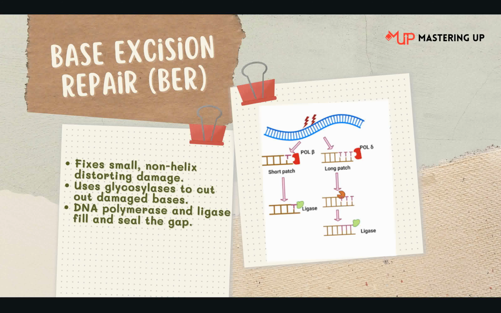Special enzymes called glycosylases recognize the faulty base, whichever is damaged, cut it out, and replace it with the correct one. So this will keep the DNA code accurate. So this is how base excision repair occurs.